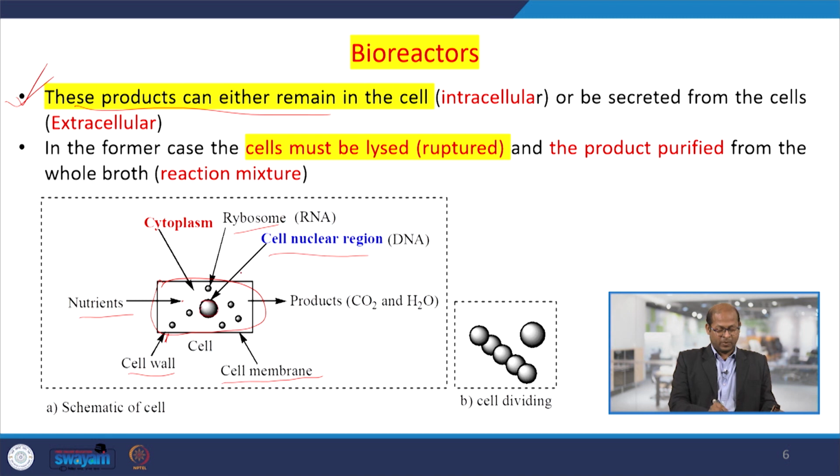Once a cellular reaction takes place, the cell consumes some substrate and forms products, maybe CO2, water or other products. At the same time the cells will grow in multiple numbers.